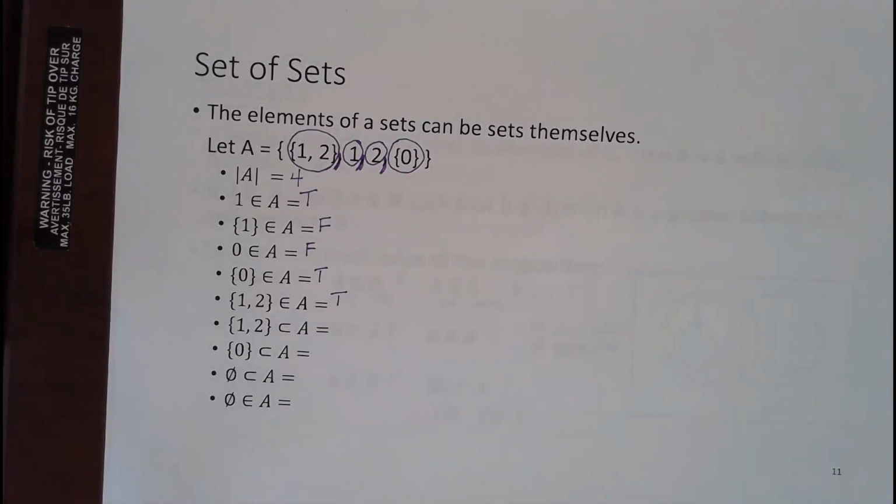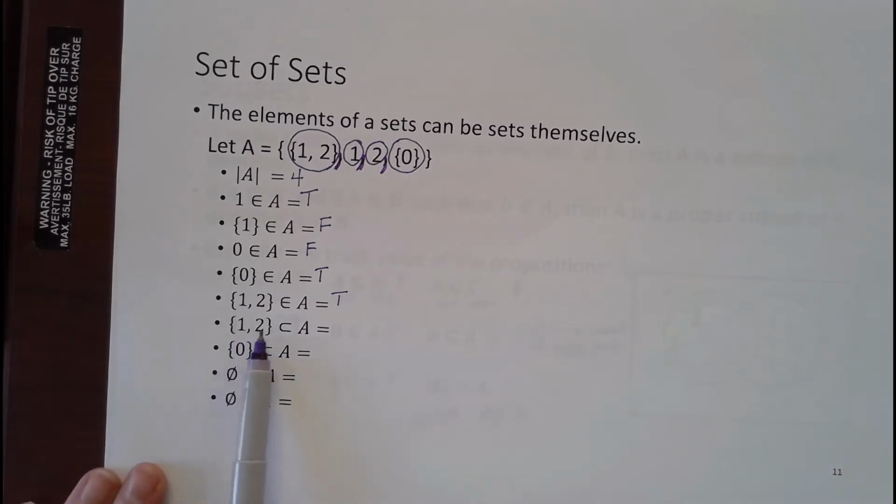Is the set containing 1 and 2 a subset of A? So let's think about what this means. I'd have to go through every single element in this set and check to see if it was in this set. So, is 1 in the set A? Is 2 in the set A?